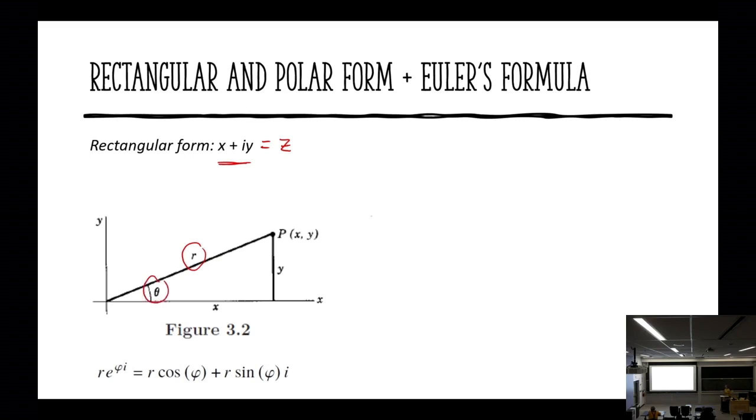Here I have it written as theta. You might see it written as phi in other places. So x equals r cosine theta, y equals r sine theta. And so that gives us x plus iy equals r cosine theta plus ir sine theta.